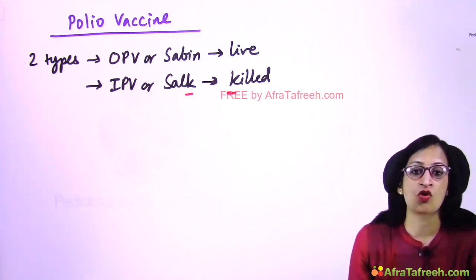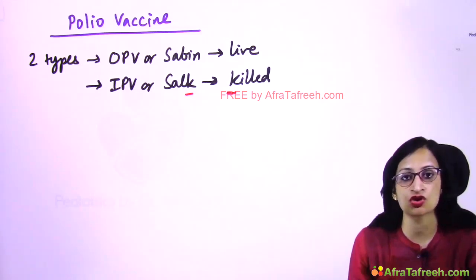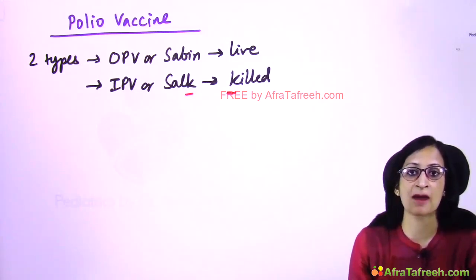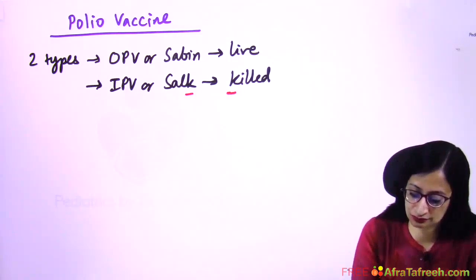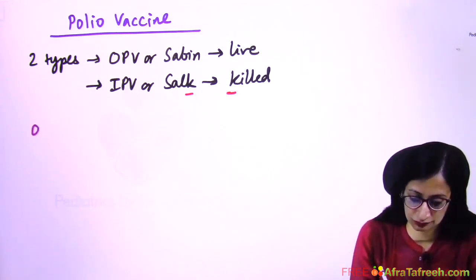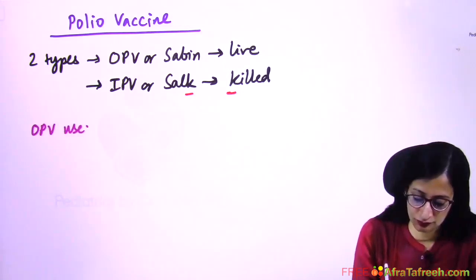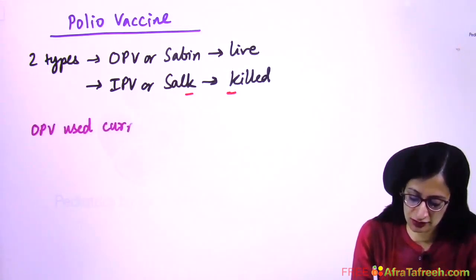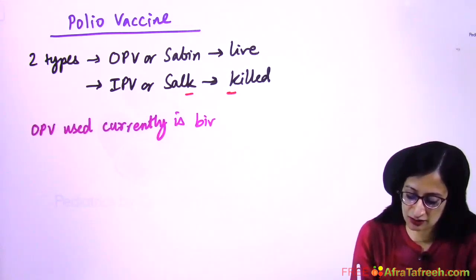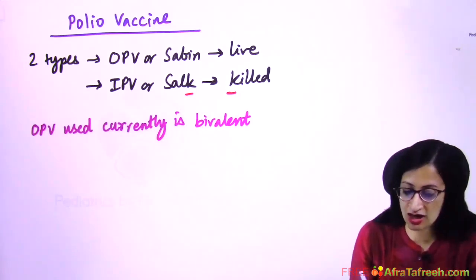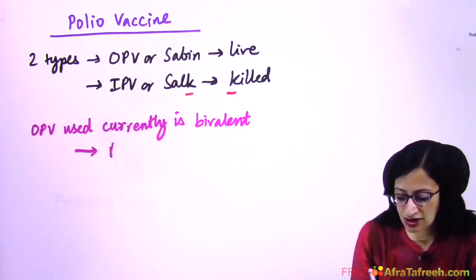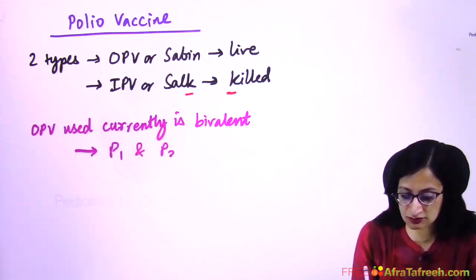Okay. Now, OPV currently being used in India and almost all over the world is the bivalent vaccine, which contains P1 and P3 strains.